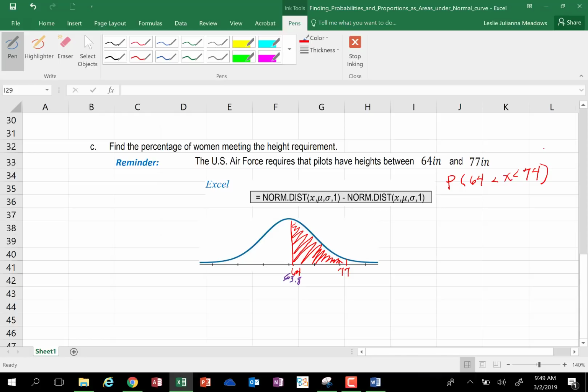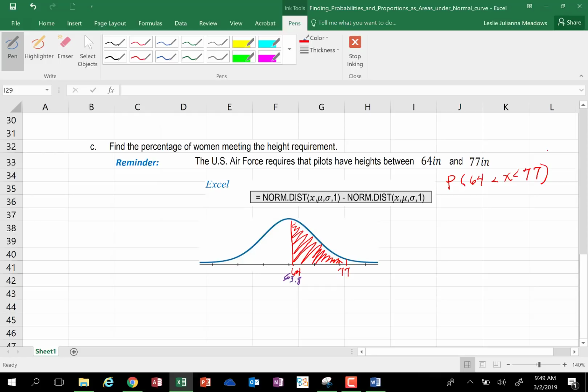So now you see that the area we shaded is the same as the probability that x is between 64 and 77. So let's go ahead and use Excel to find that probability. However, let's remind ourselves that the command norm.dist will only give us the area to the left.